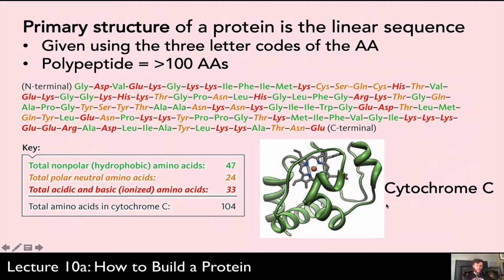There's 47 of them. There are 24 polar amino acids, or polar neutral or hydrophilic neutral amino acids, and then the acidic or basic, the ionized amino acids are in red. So it's cytochrome C.